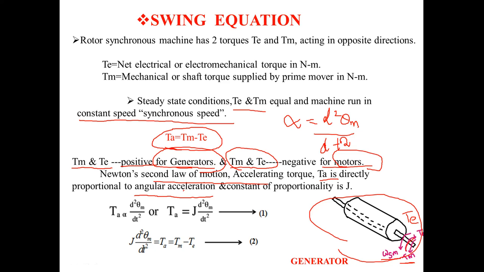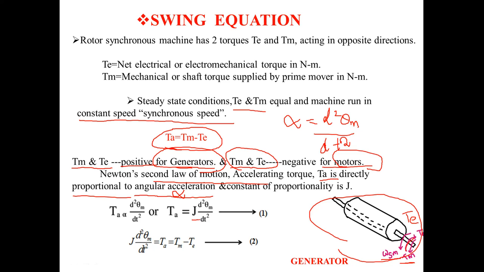Here angular acceleration is alpha. So alpha is d square theta m by dt square. So when I am removing the proportionality constant, J will be the proportionality constant, which is represented as the moment of inertia of the rotor in kilogram meter square.